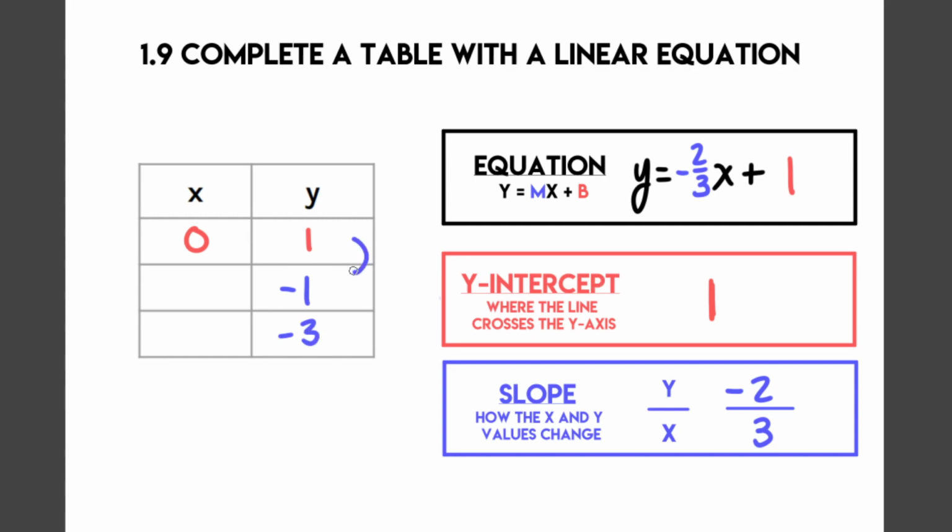So once again, we are going down by 2 and down by 2. My x value is changing by a positive 3. So we are going up by 3 and up by 3. So 0 plus 3 gives me 3, and 3 plus 3 gives me 6. And there we go. There's my entire table. 0, 3, 6, and 1, negative 1, and negative 3.